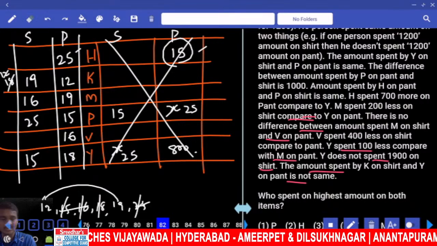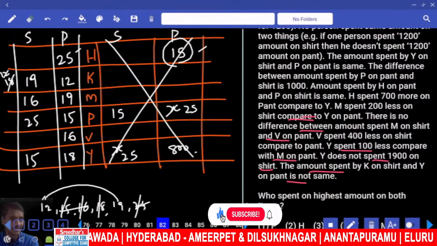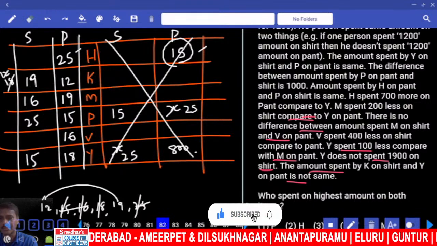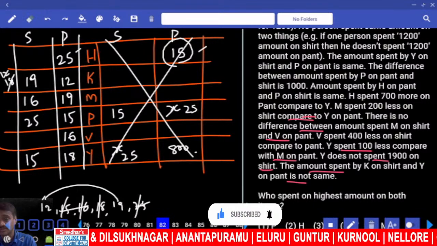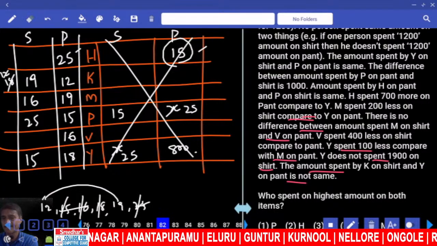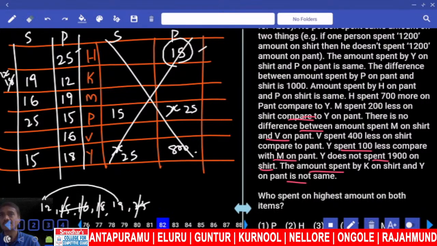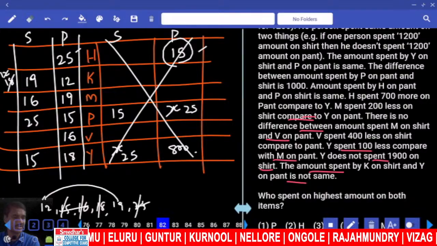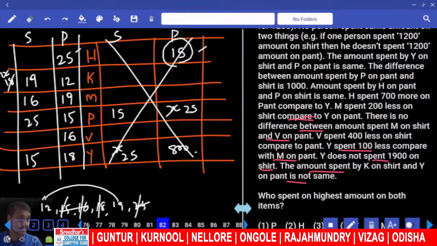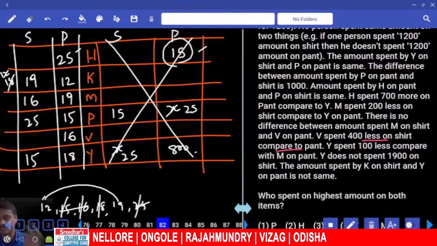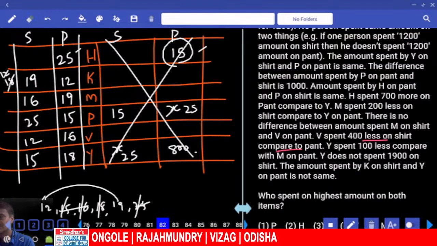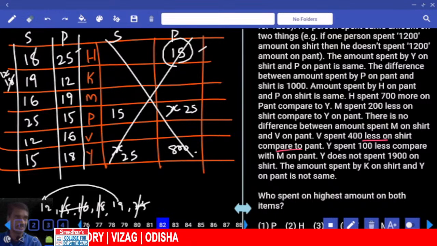If it is 19, then H is there. What remains is 25, and 25, 12 and 18. Among 12 and 18, we spent 400 less on shirt compared to pant. This is 12. If this is 12, what should this be? 18. Done. This is easy for us.